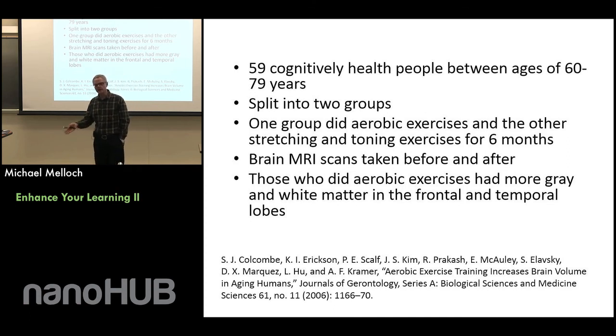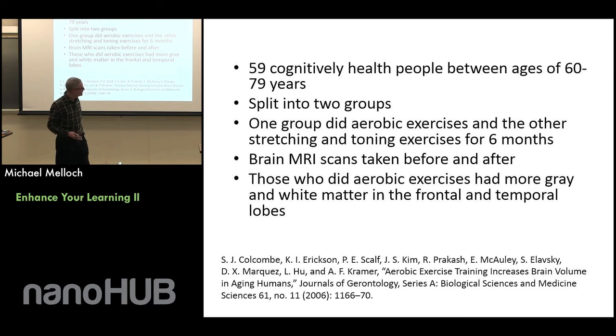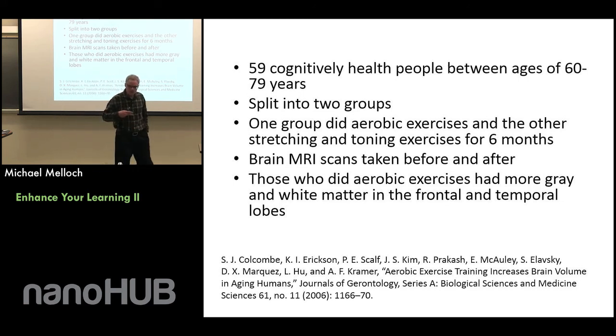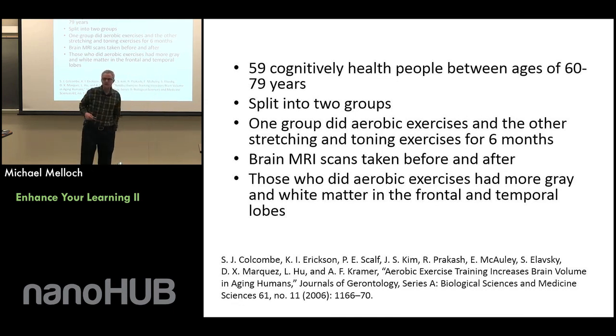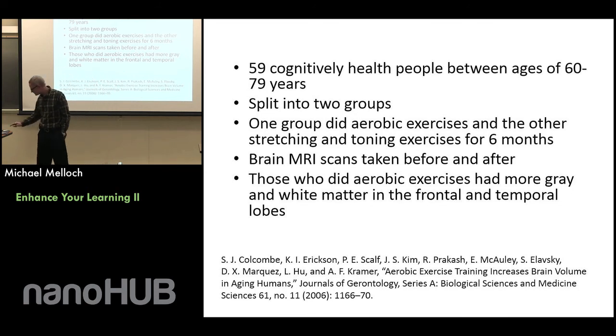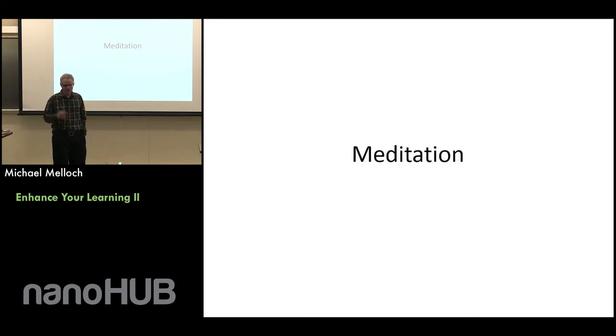And they did brain MRI before and after. And again, they saw that those who were going through the aerobic routines had much more gray and white matter in the frontal and temporal lobes of their brains. So again, exercise was improving the brain.